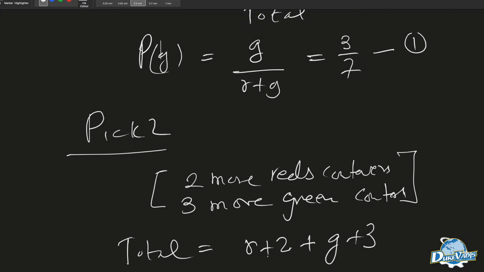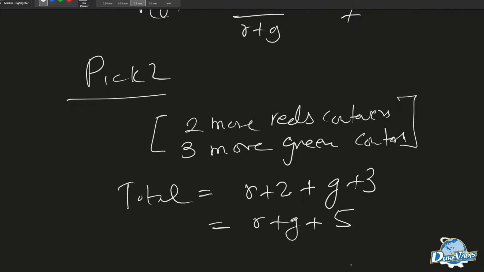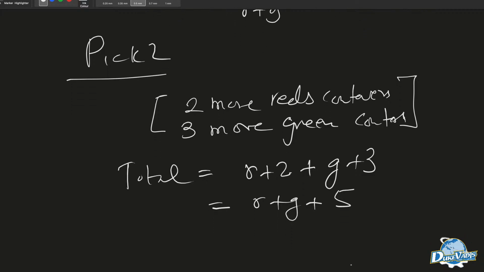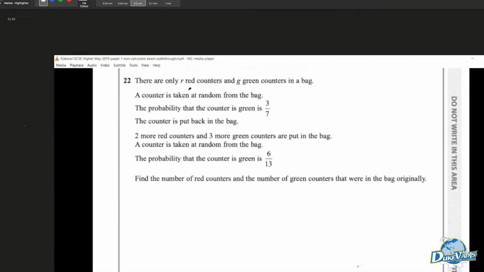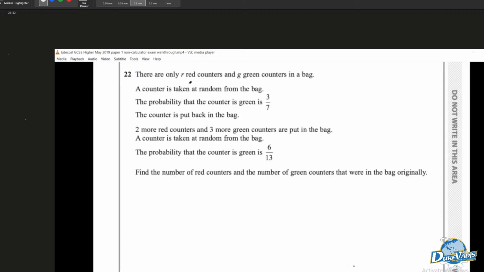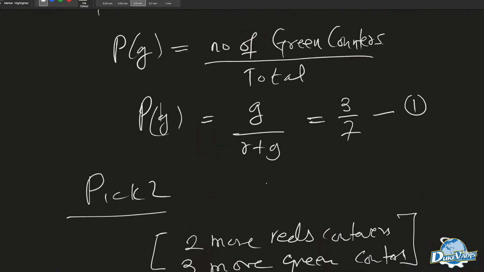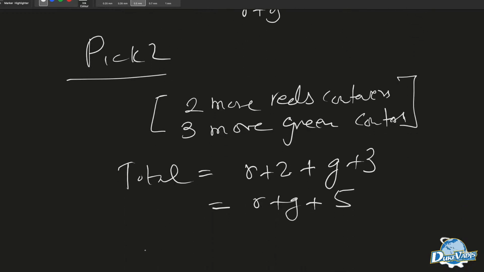So this equation will be R plus G plus 5. So that will be total. Now, the question says find the number of red counters and that of the green counters. So the probability of the green counter is 6/13. So the green, 3 more of the green, that will be green plus 3. The probability of green.